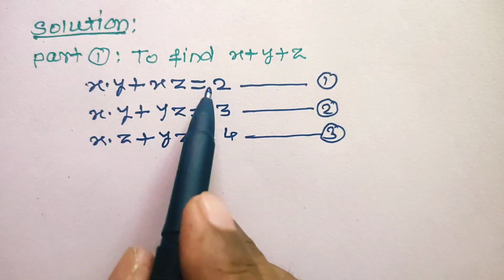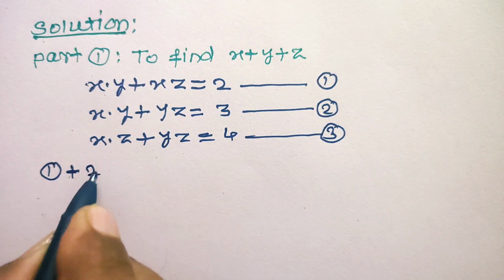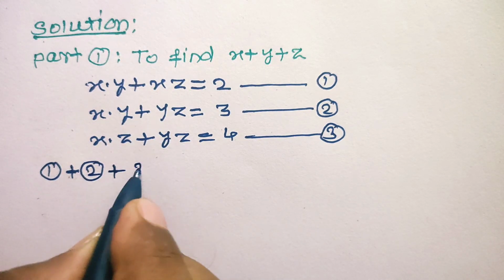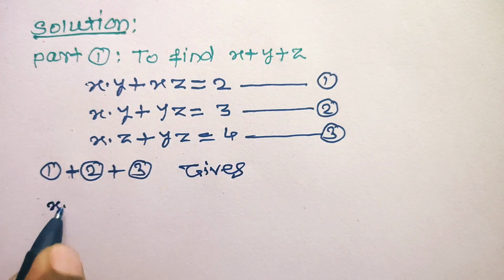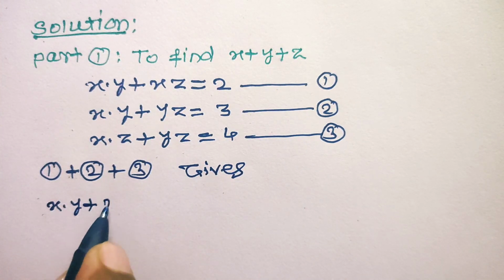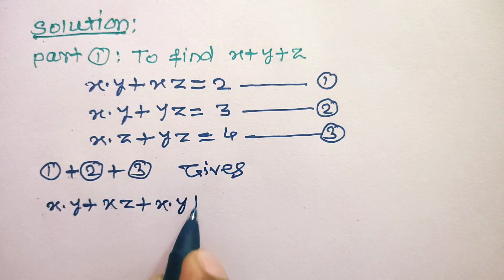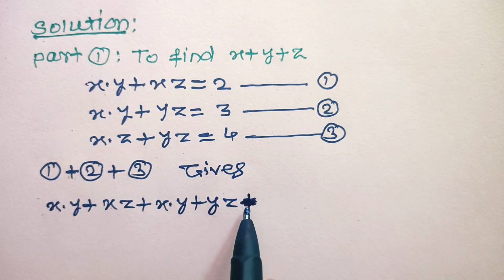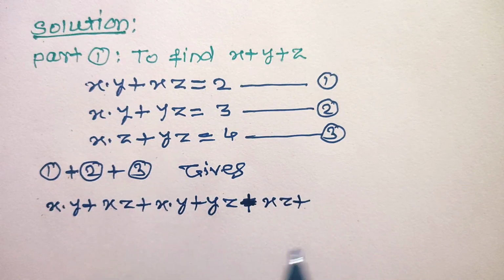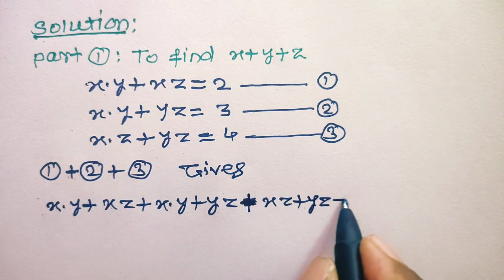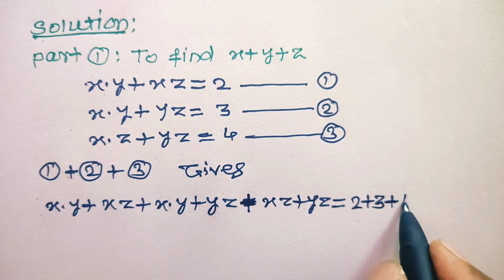Now adding these three equations, 1 plus 2 plus 3, this gives xy + xz + xy + yz + xz + yz = 2 + 3 + 4.